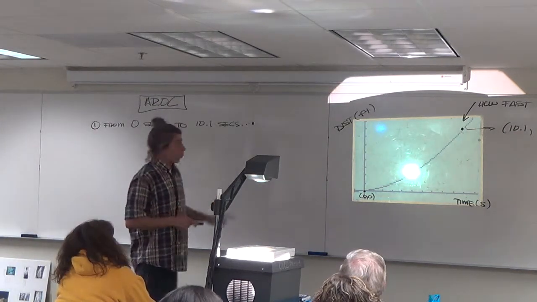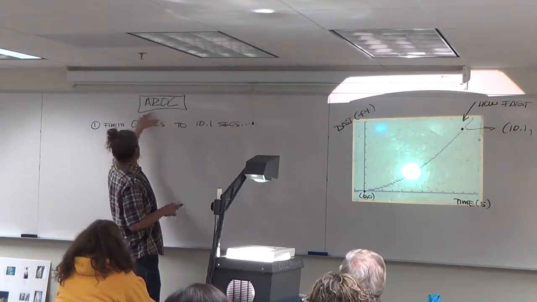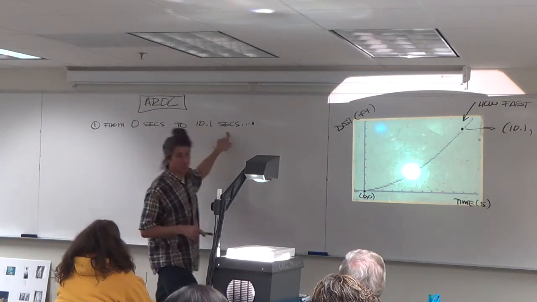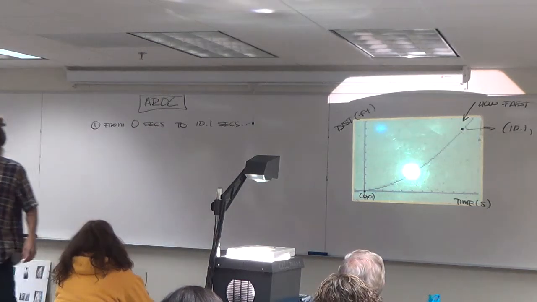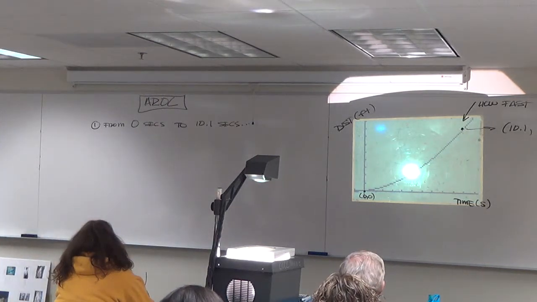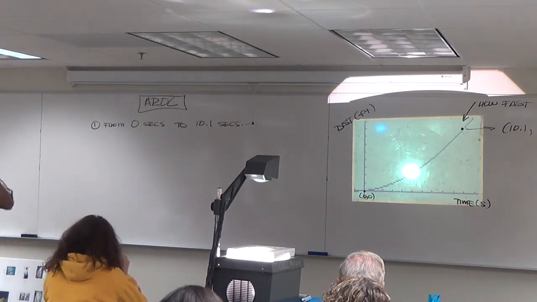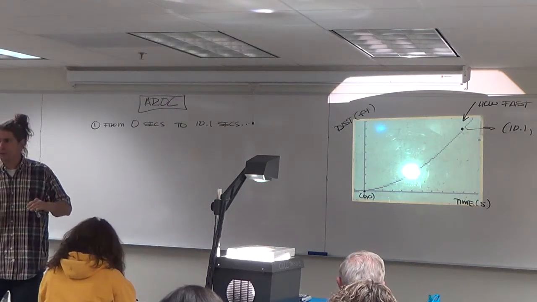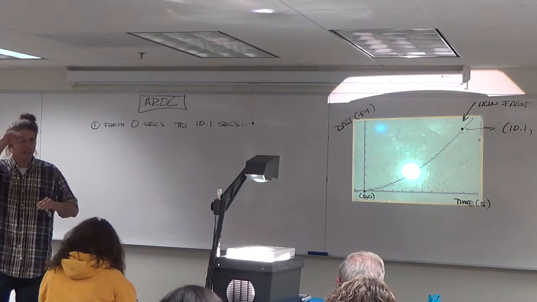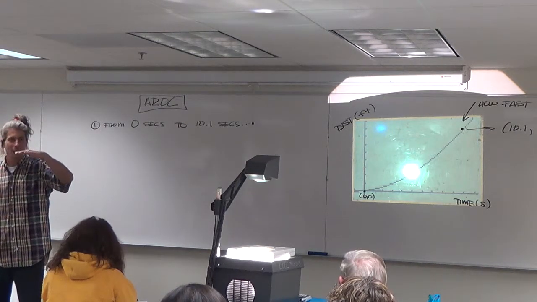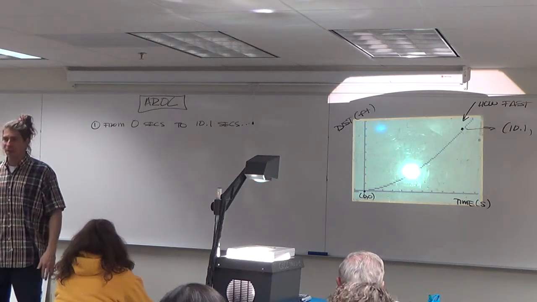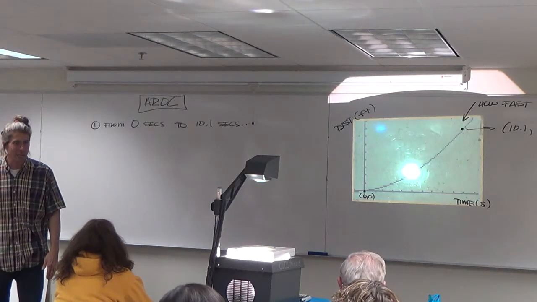So, when I calculate my average rate of change from 0 seconds to 10.1 seconds, what I want to know is speed: miles per hour, feet per second. Does this sound familiar? Feet per... Yes, we take the total number of feet that I have traveled and divide it by the total number of seconds it took me to travel that, yes?